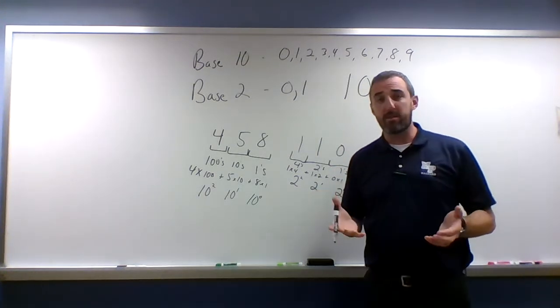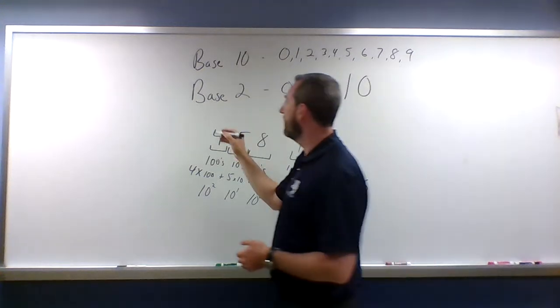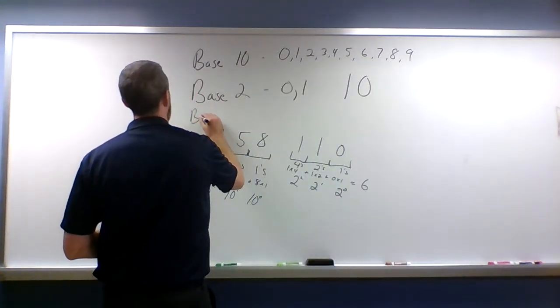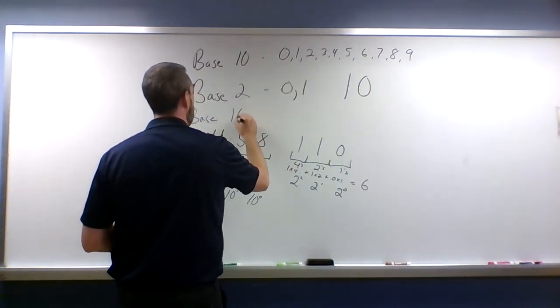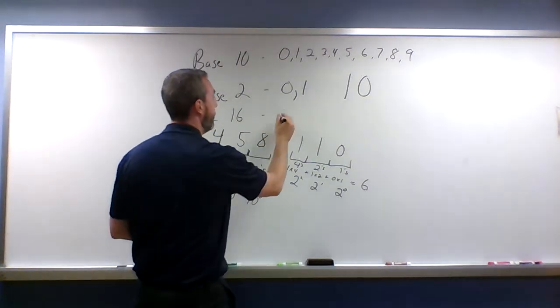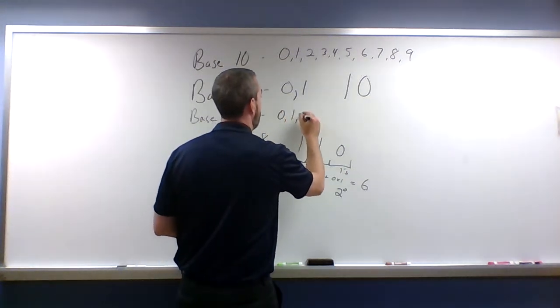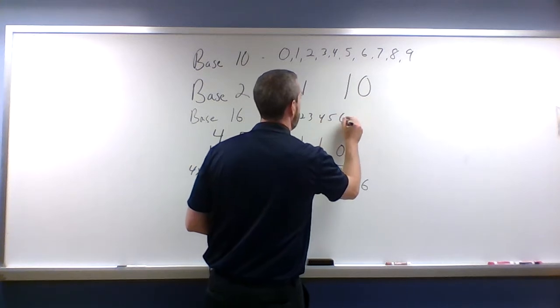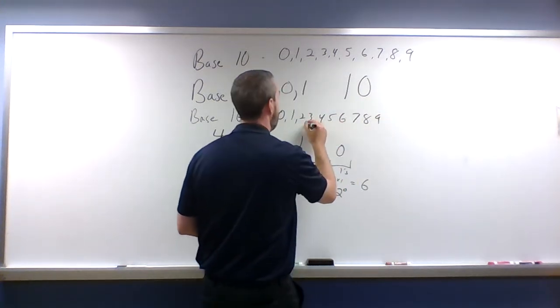Now, there's one more system that's pretty common in computing systems, and that's hexadecimal, or base 16. In that system, we have 16 symbols: 1, 2, 3, 4, 5, 6, 7, 8, 9.